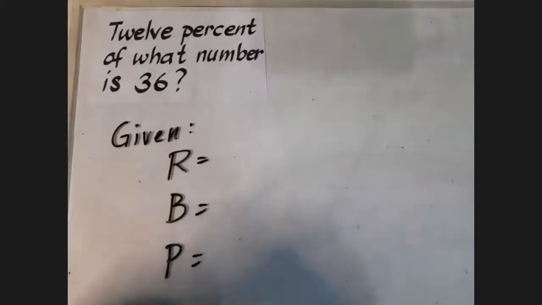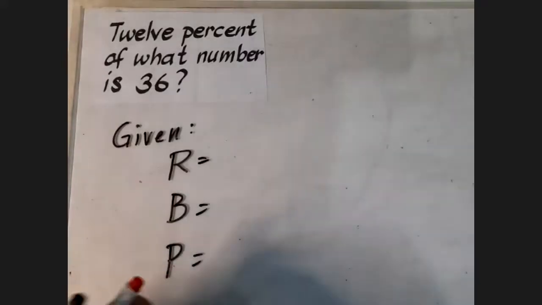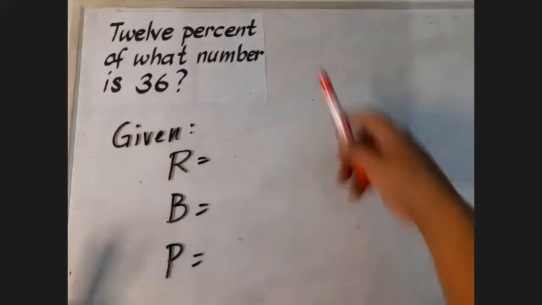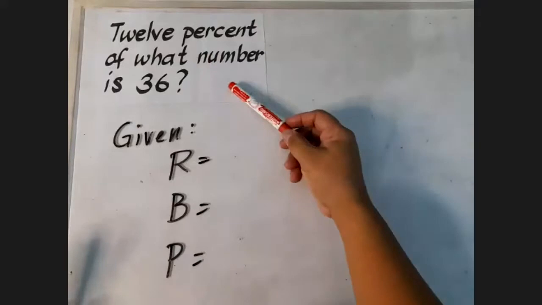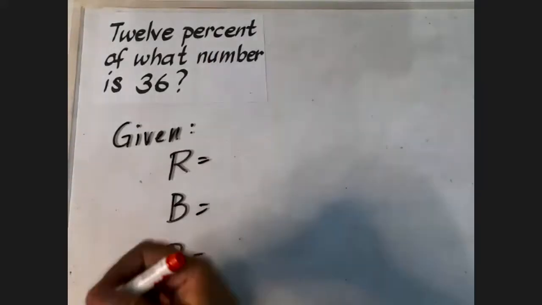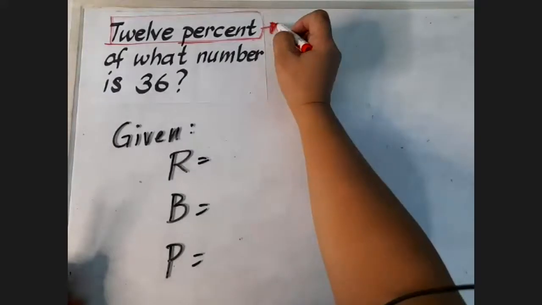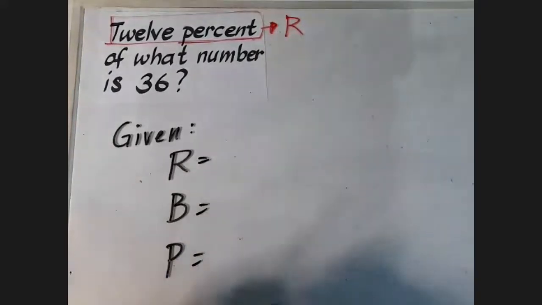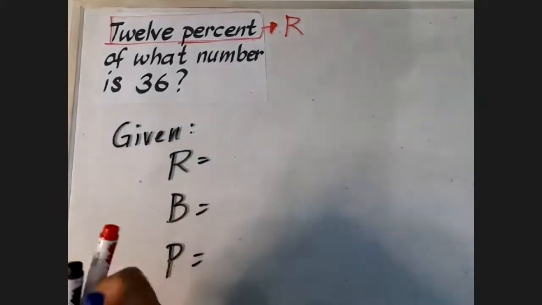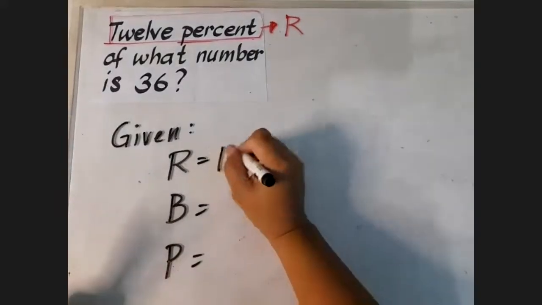Okay? So, rate. Hahanapin natin yung mayroong percent. Now, walang percent symbol dun sa problem, pero meron tayong word na percent. That means 12% is the rate. Okay? Now, that goes here. 12%.